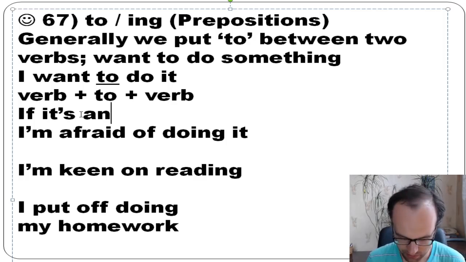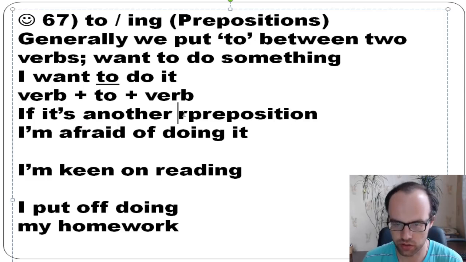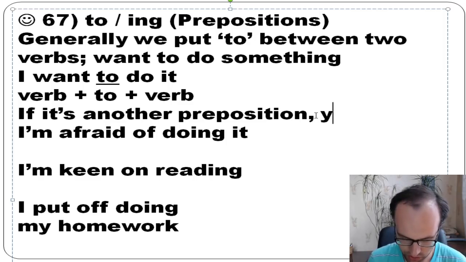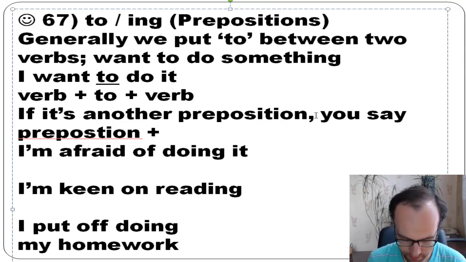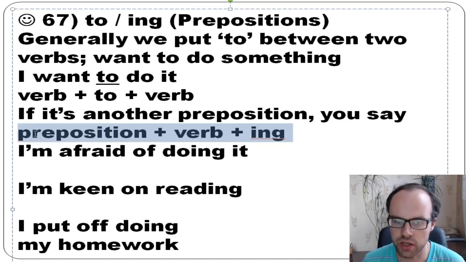If it's another preposition, not to, then you need to use, I'll correct it in a second, don't worry. You need to say preposition plus verb plus ing. So if it's another preposition, so of, on, you need to use ing after the verb, okay?